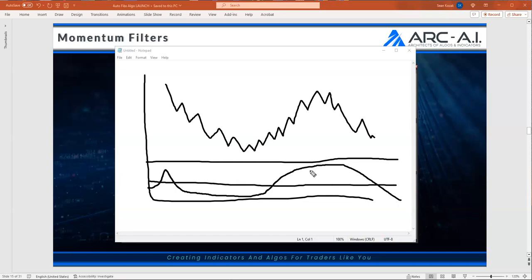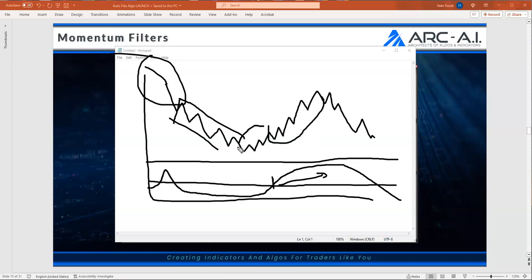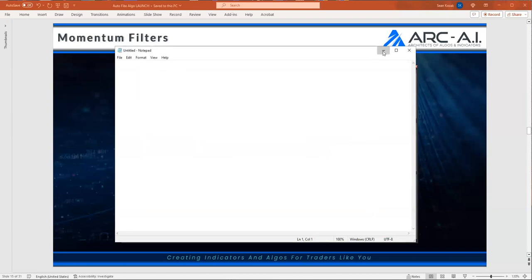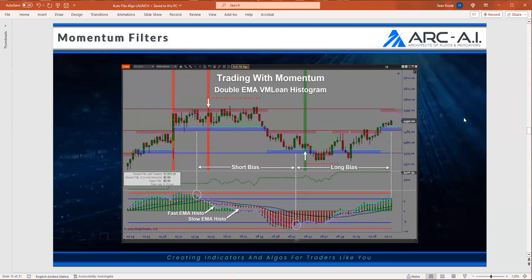If we're waiting for momentum to cross, then we're getting the trend here, but we're not getting the move at the beginning. We're waiting for the market to cross here and momentum's going this way. We're getting into the trend here, but we're missing the beginning of the moves. Same thing here. A lot of traders were asking if we can add a trend filter.